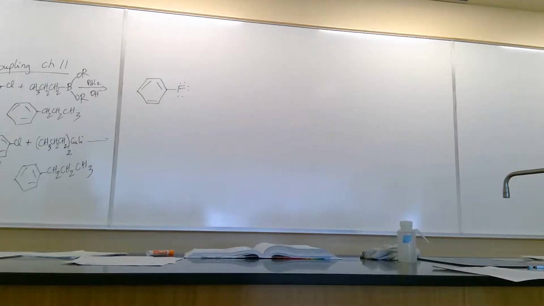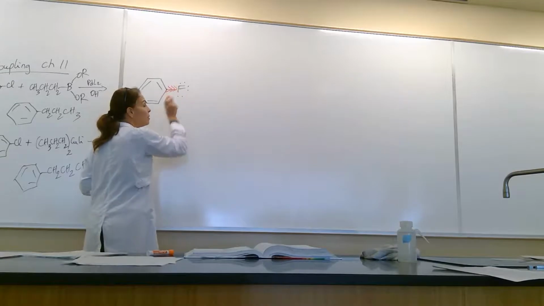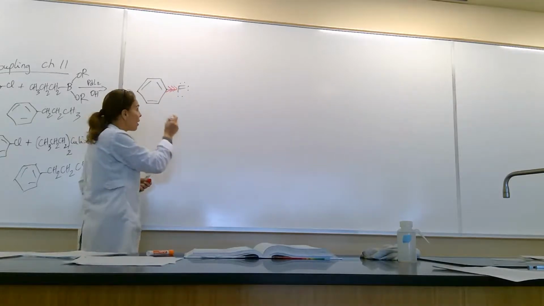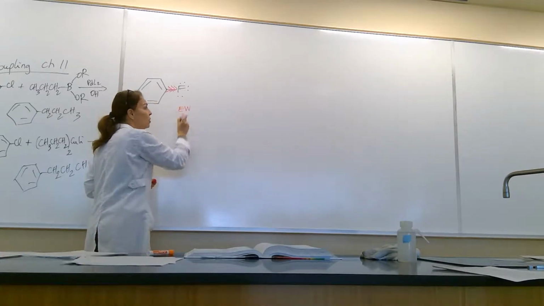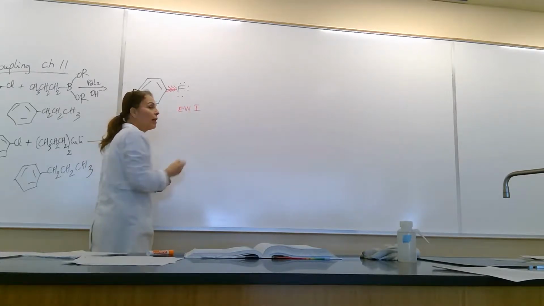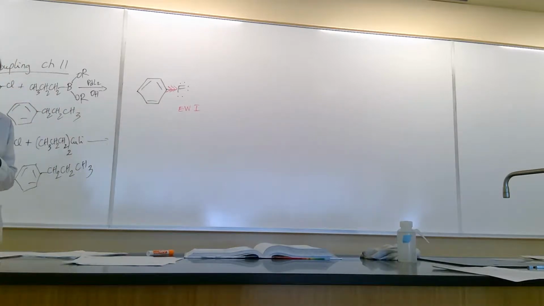Remember, if you don't know this stuff, go read chapter 2. So fluorine, right here, withdraws. The arrow there is withdrawing. It's an electron withdrawing by inductive effect. Inductive means just a push and pull, no resonance involved.